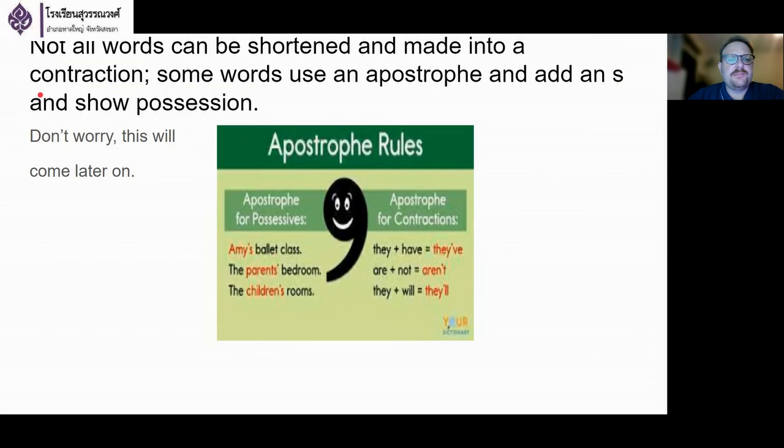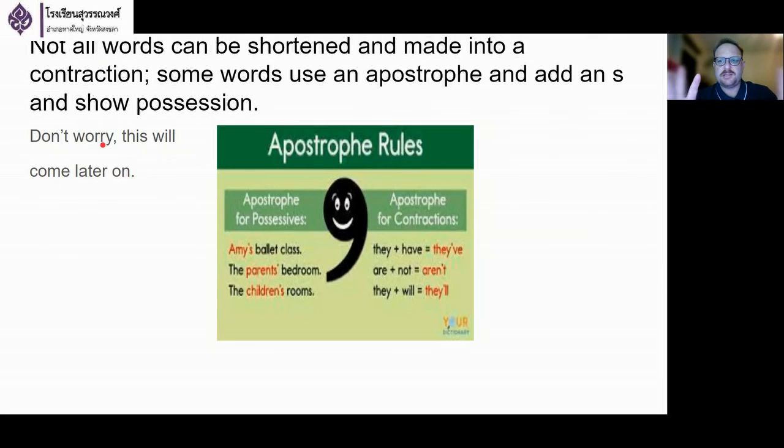There we go. Not all words can be shortened and made into a contraction. These are special words. They are contractions. Some words use an apostrophe to show possession. They add an S and an apostrophe to show possession. But we're not going to worry about that.